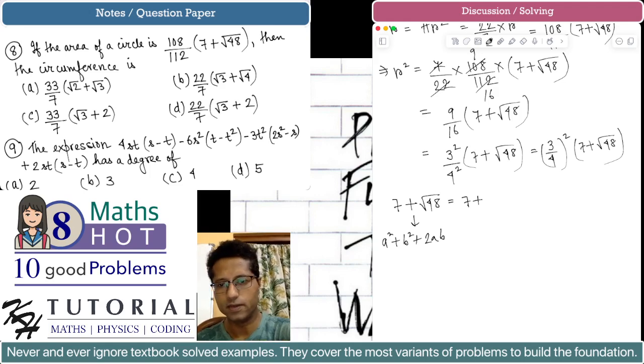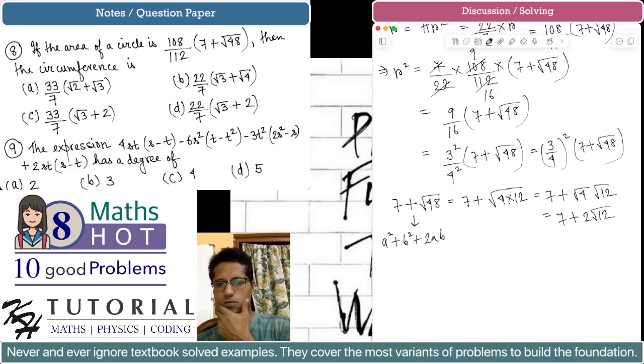Now square root of 48, we can take 4 common. It will be 4 into 12. So this is square root of 4 into 12, and so 7 plus square root of 4 into square root of 12. Square root of 4 is 2, so this is 2 into square root of 12. So this means that ab has to be equal to square root of 12, such that a square plus b square is equal to 7.